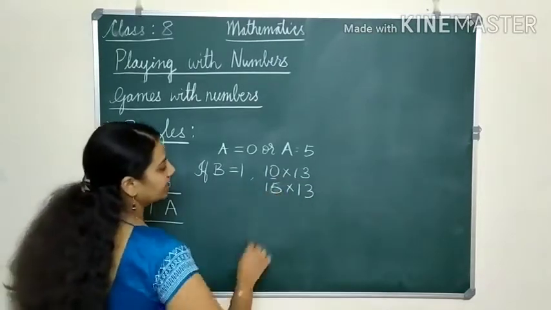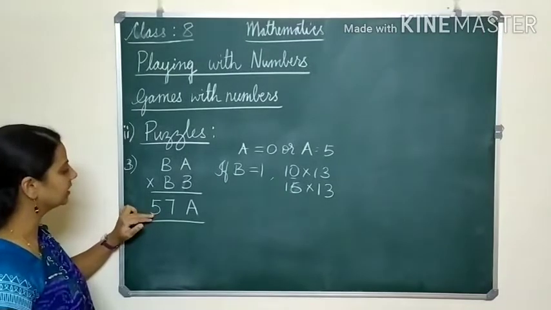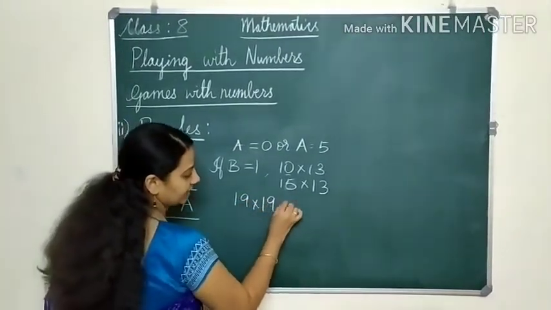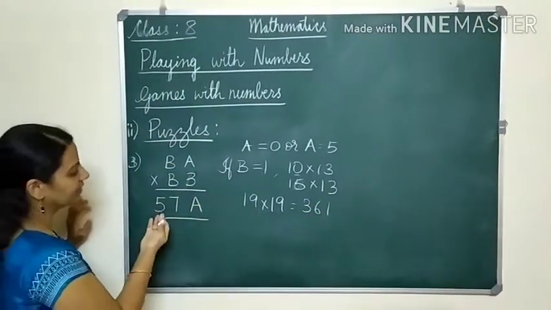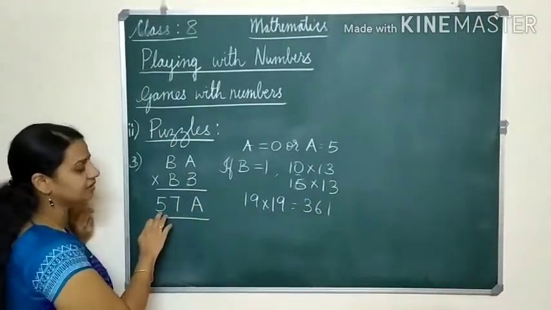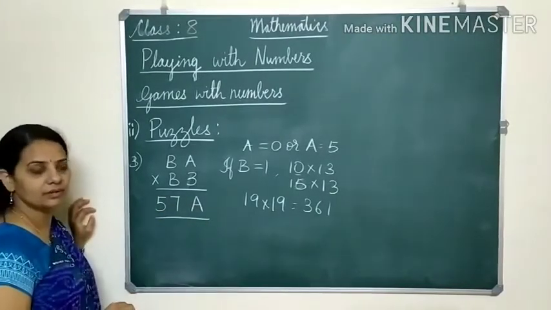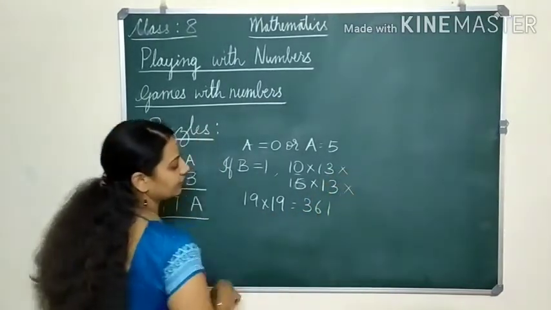In both these cases the product is not more than 500. Even if you consider 19 into 19, that itself comes to 361. 361 is lesser than 500, but we need an answer which is more than 500, 570 and the unknown digit. So we cannot consider these two.